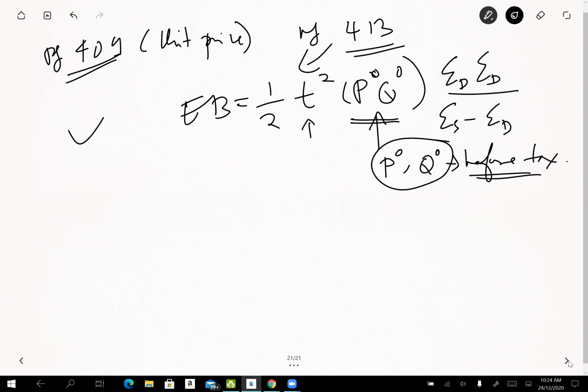You have the price before tax multiplied by the quantity before tax, and that is simply the expenditure on that good. The only difference is this: you have now T to the power of 2. So we call this the square rule.